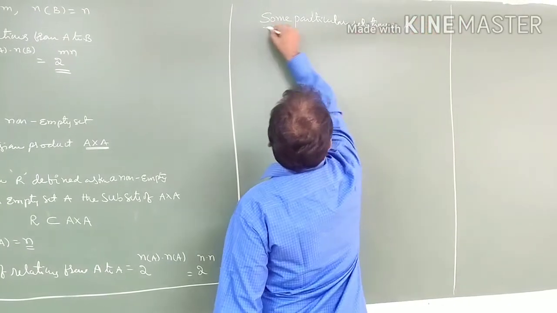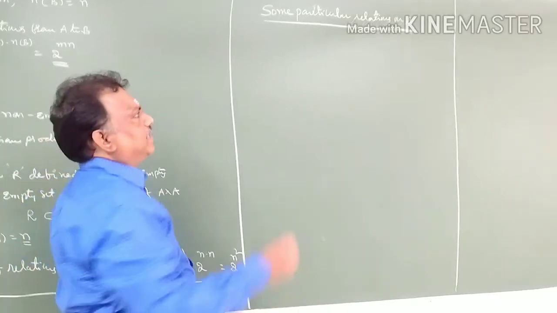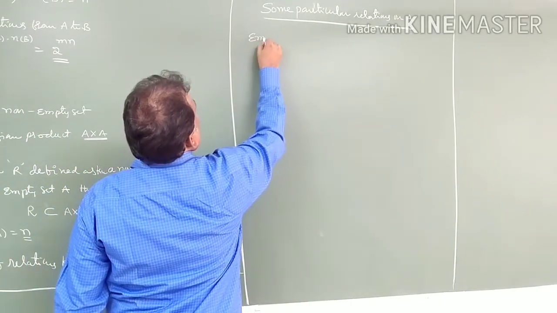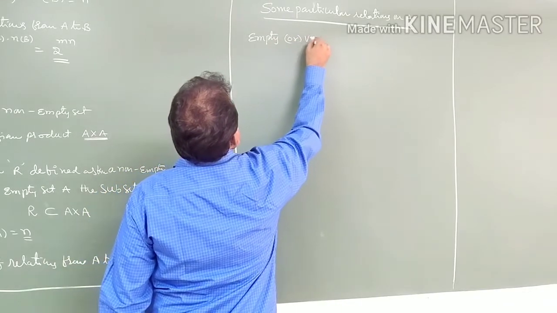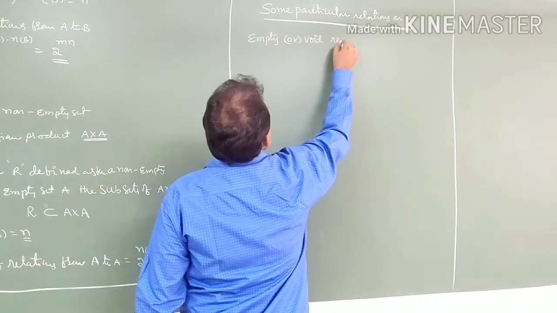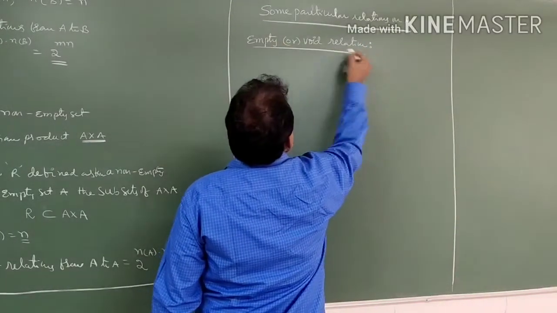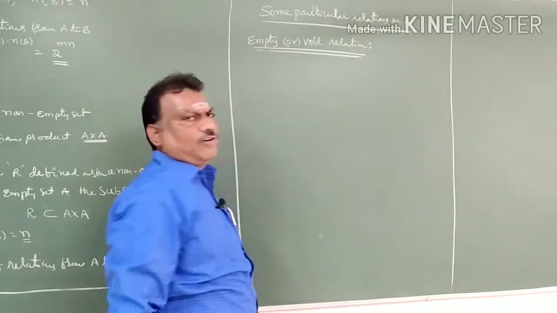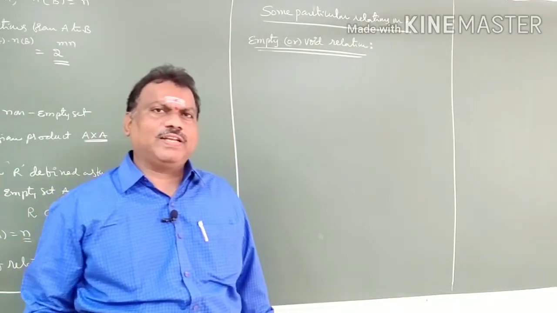Some particular relations on A. The first one is the empty relation or void relation. What is meant by empty relation or void relation? Very simple.